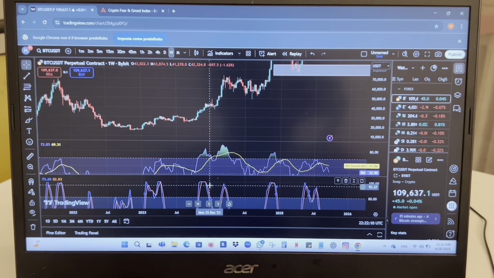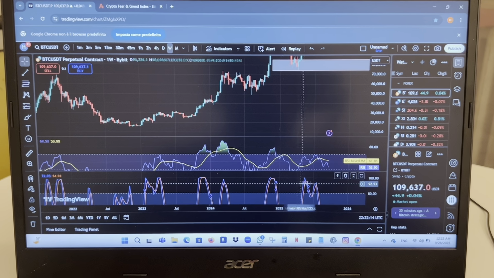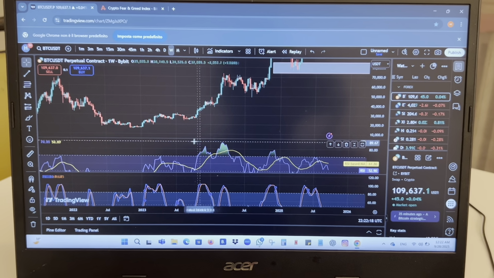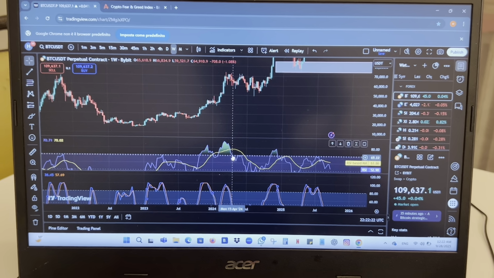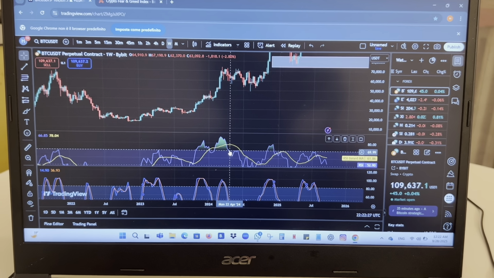That's why I told you guys earlier, you cannot compare these two, because there are many entry points here, but there's only a few entry points here. That does not mean that this is accurate or this is accurate. These two give different kinds of signals.